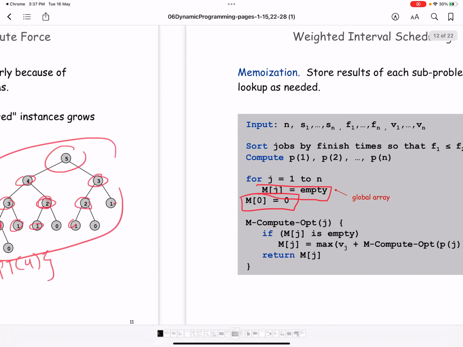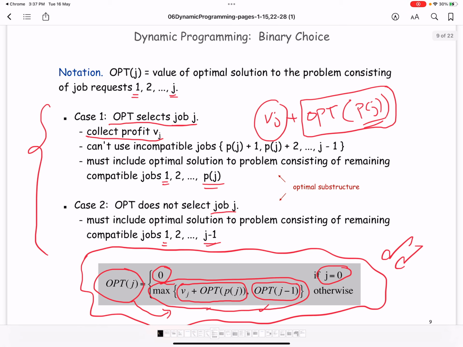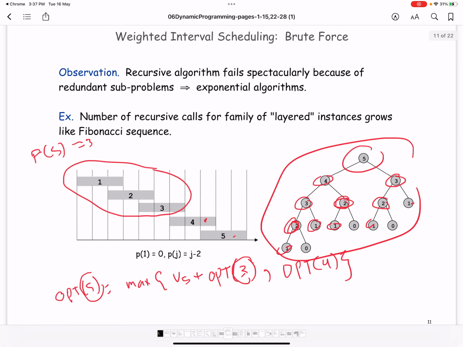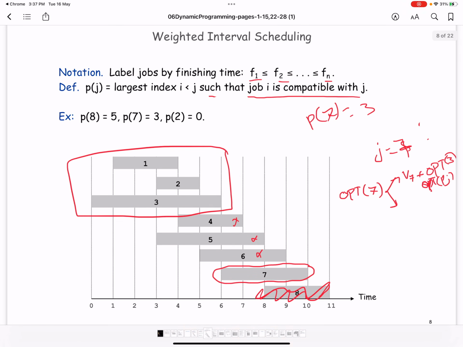The core of dynamic programming is to find this recursive formula. Now let me do an example with you about dynamic programming. Should I use this example? Yes, let me use this example.